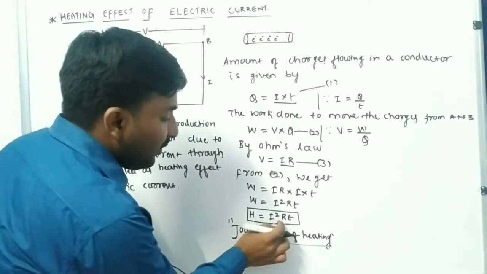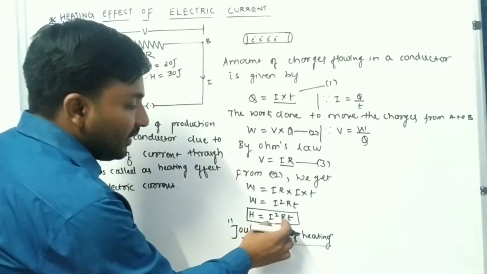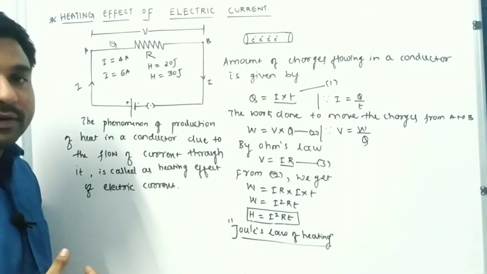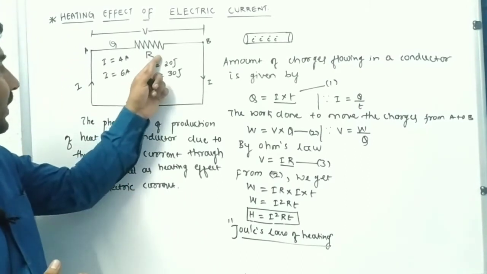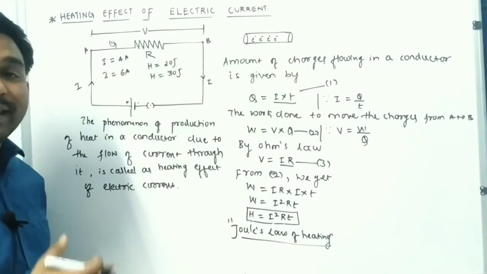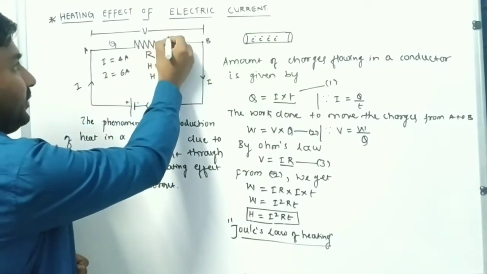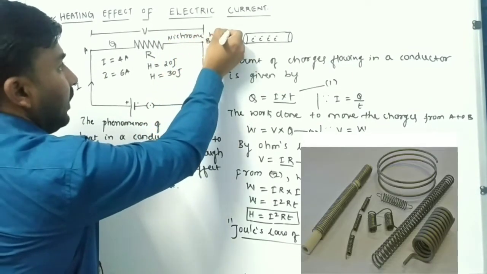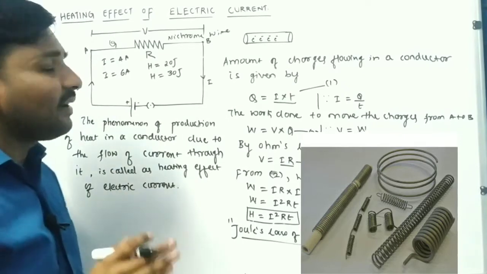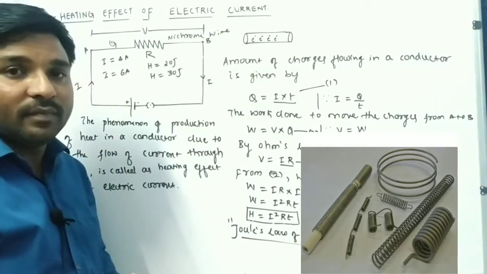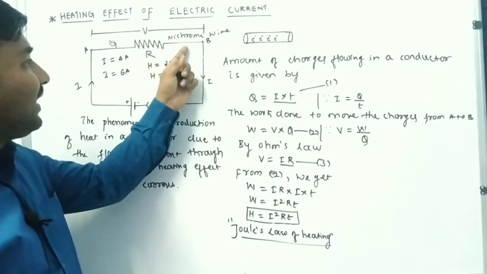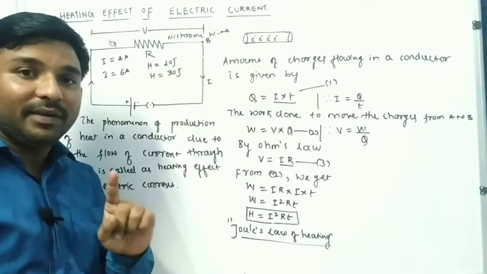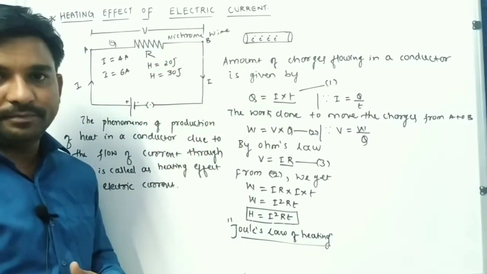Now similarly, it depends on the resistance of the conductor. If you take a highly resistive conductor like nichrome wire, and pass electric current through it, the heat produced in the conductor is very high.